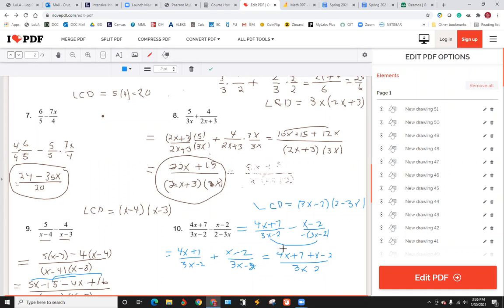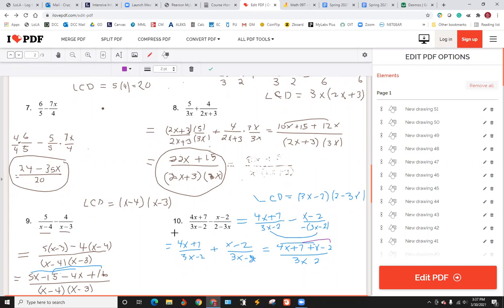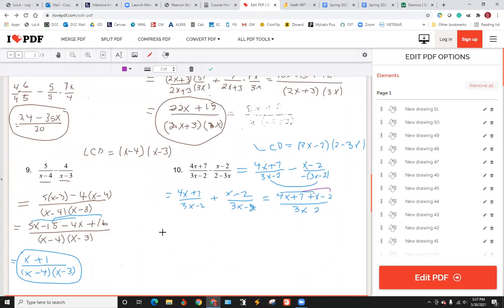Collect the like terms, which is 4x, and then these two are the same, which is the whole numbers. And so 4x plus x is 5x. 7 minus 2 is 5.